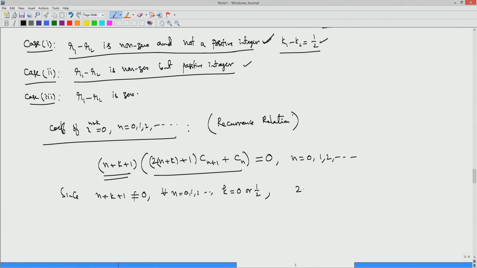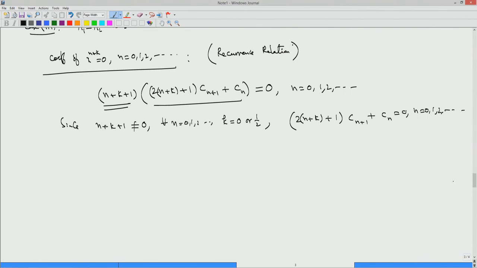So this is your recurrence relation, which determines C(n plus 1). Put n equal to 0: you get C1 equal to minus C0 divided by 2k plus 1.